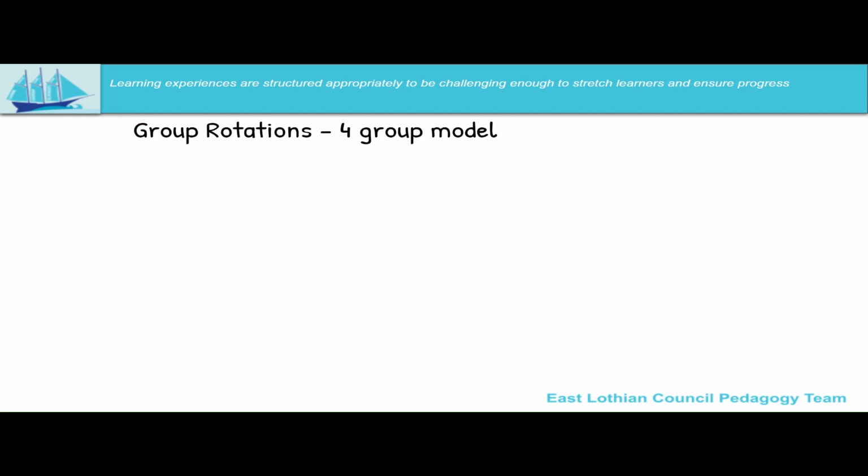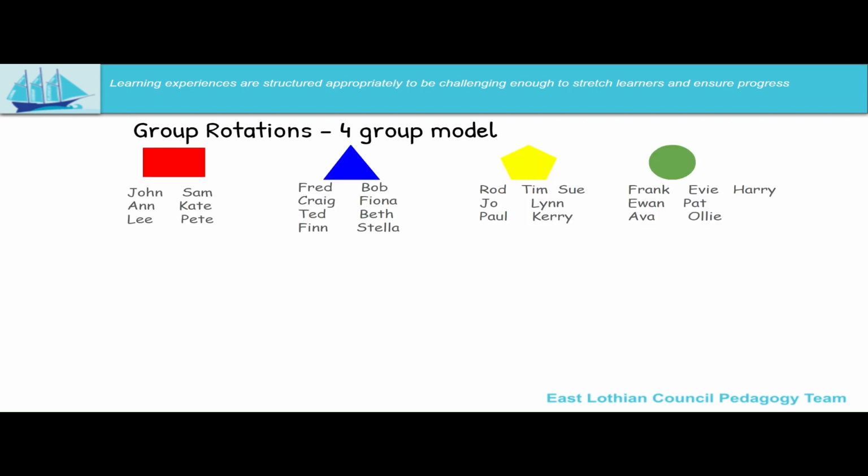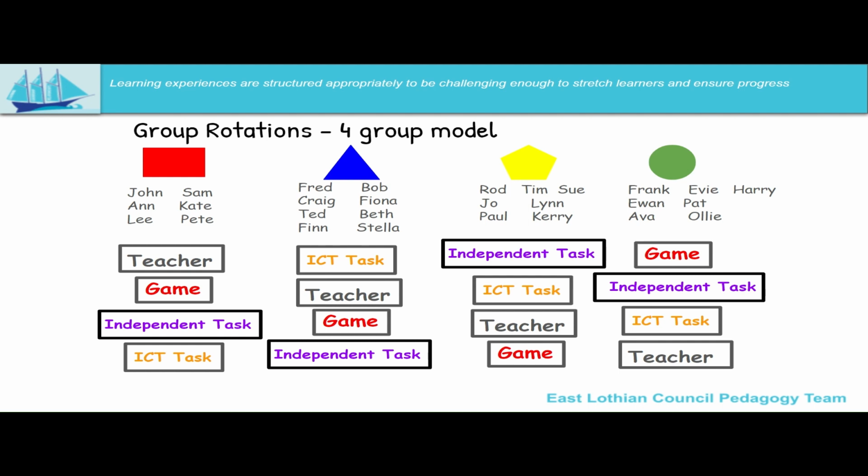Here is an example of a 4-group model. So you can see there are 4 ability groups: the rectangles, triangles, pentagons and circles. And here are the children who are in each group. Each group then moves around 4 stations in turn. At each station, there's a different activity.